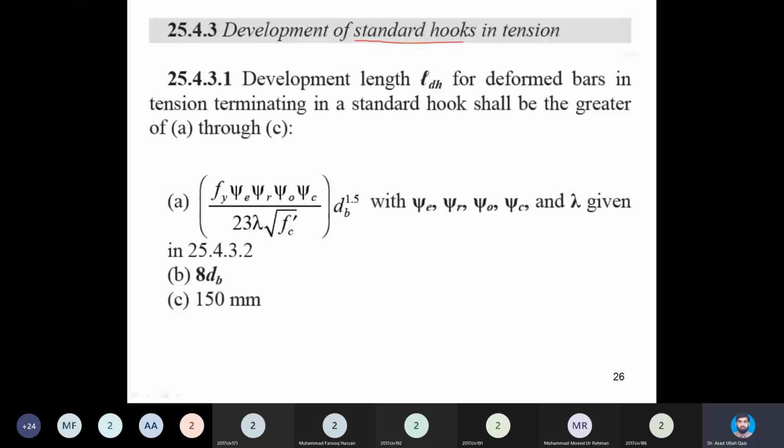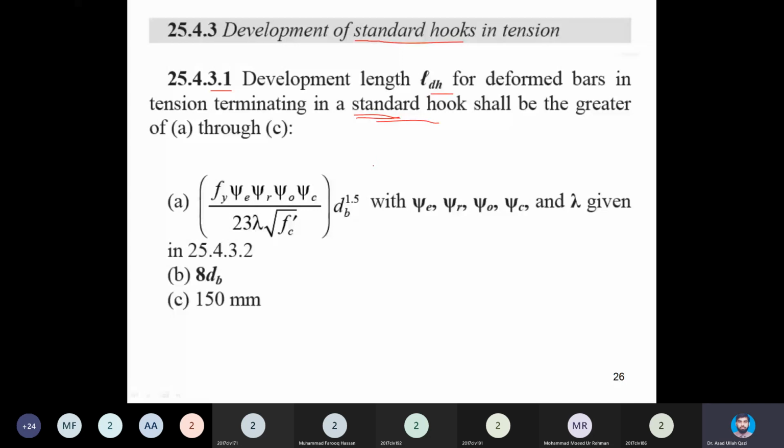However, on this slide I want to talk about what will be the LDH against those standard hooks. In tension, still I'm talking about tension development length, the standard hooks development length. So it is recommended that LDH for deformed bars terminating in a standard hook, I'm always repeating standard hook, it is not hooking the bar casually.